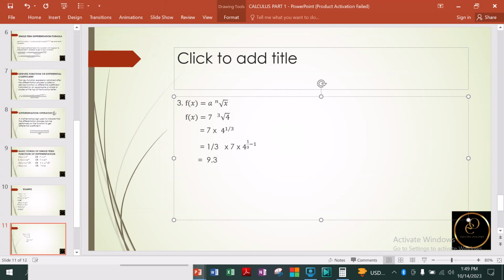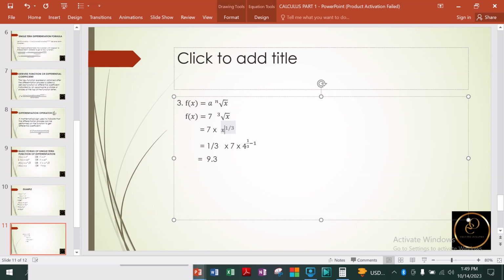Then, to which x is raised. We looked at this one as x. This one was supposed to be x, even this one is supposed to be x.